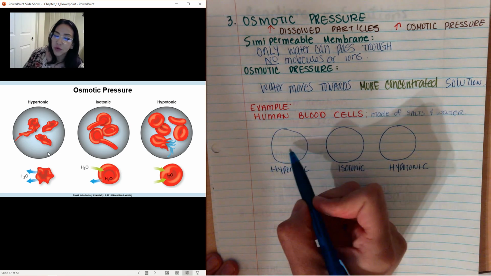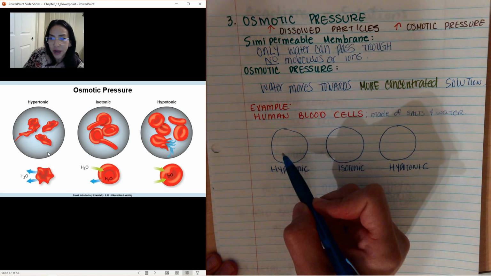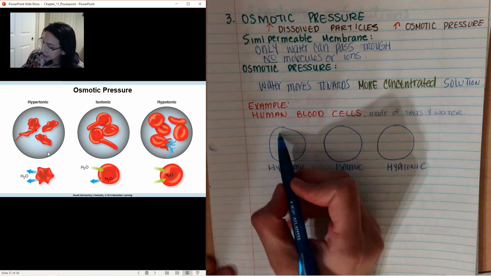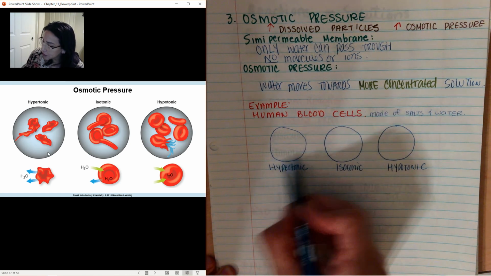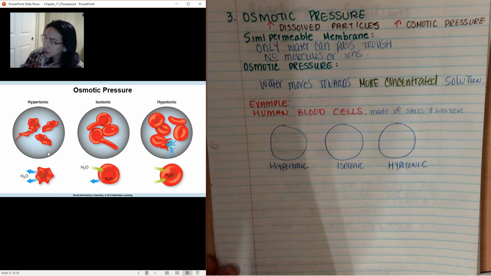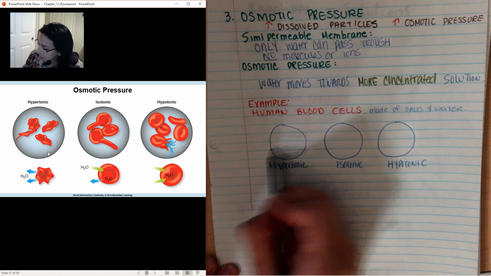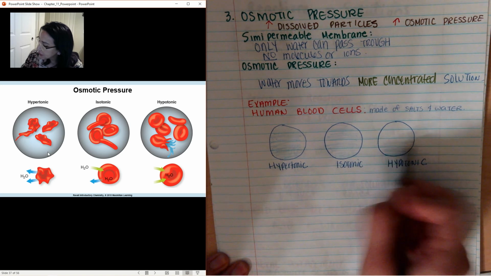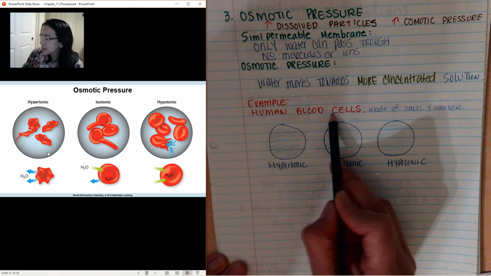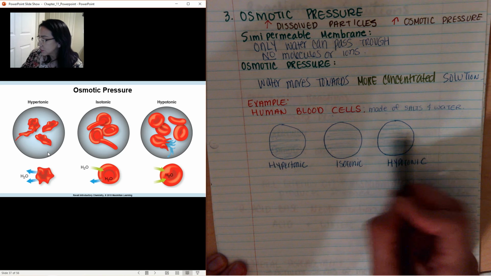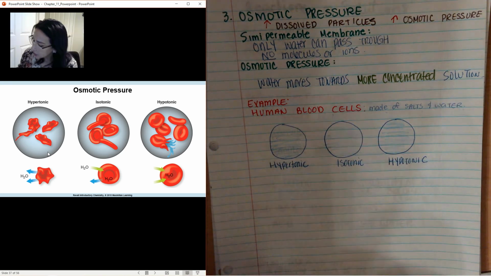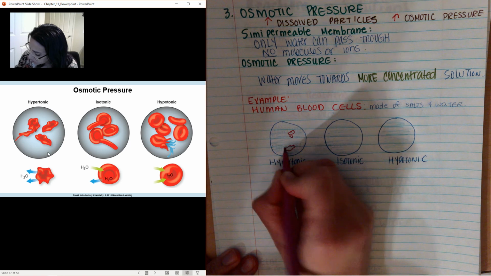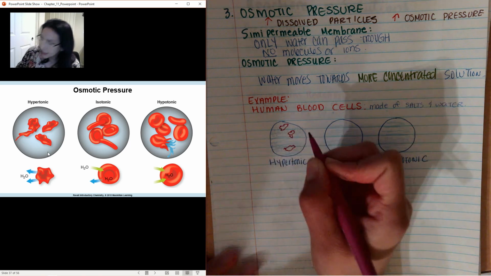So in this first one, what we see is shriveled up cells, right? Why do we think these cells are shriveled? Well, inside of here, we're going to say there's water in all of these, so let's give them a good little blue tint. But what we're actually looking at is the salt, because human blood cells are made of salts and water. So in this one, we have shriveled up blood cells with no water inside of them.